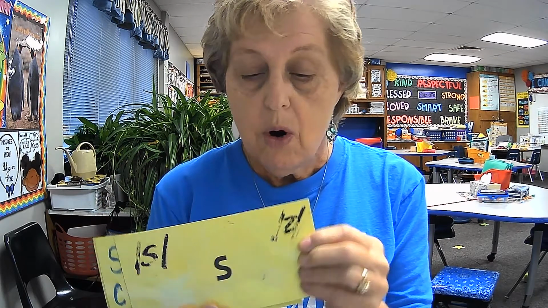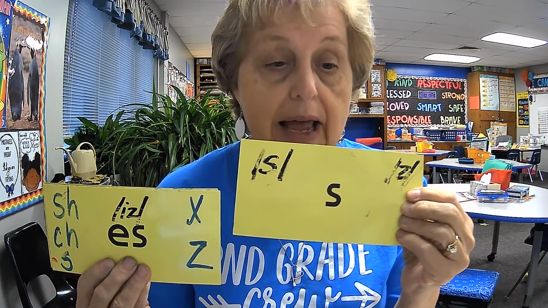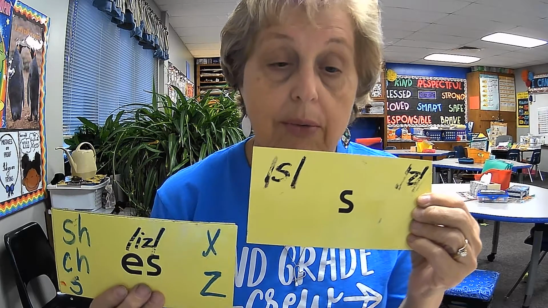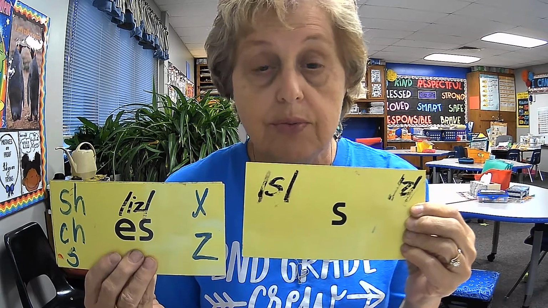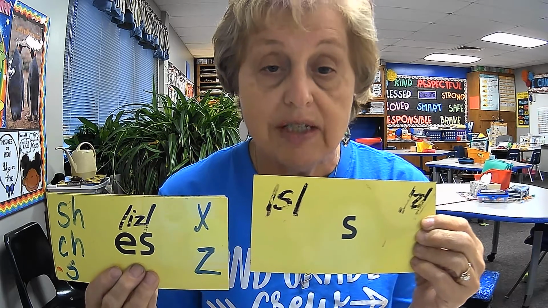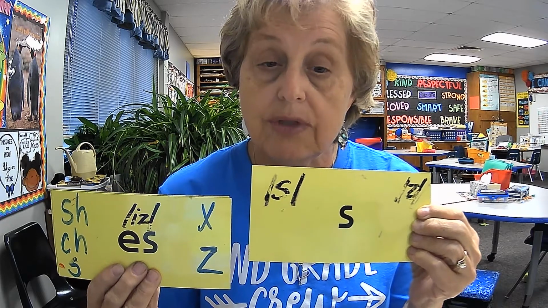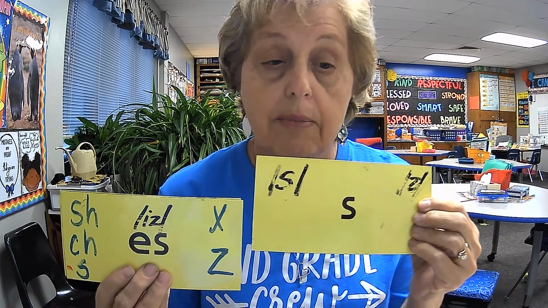Yesterday we learned about some suffixes, and we learned that the suffix s or es can be used to tell that the action is happening right now. It's added to what we call a root word, or sometimes called a base word. It can also be used to say that there are more than one of something, and we call that plural.